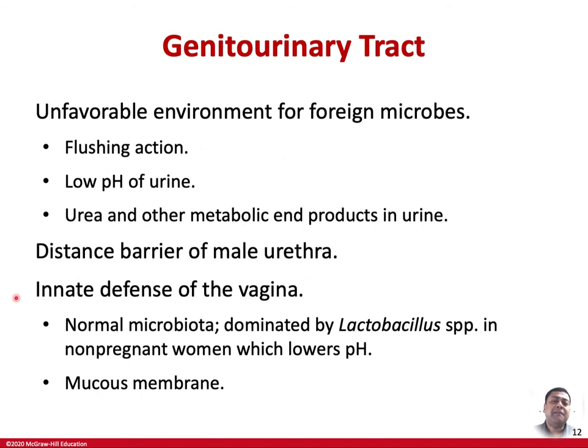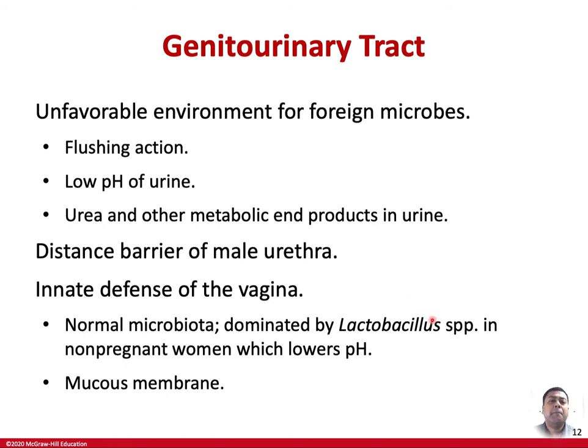Whereas the innate defense of the female is a little bit different because of the closer proximity of the urethra to the bladder. The male urethra is about 20 centimeters compared to the female at about 5 centimeters. So there are a little bit more chances for females to get a urinary tract infection or bladder infection compared to males.